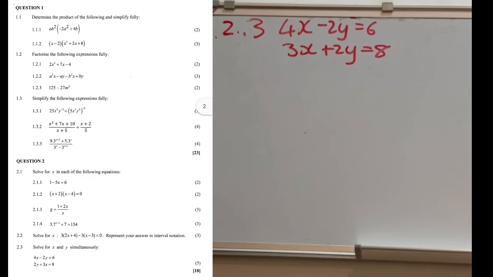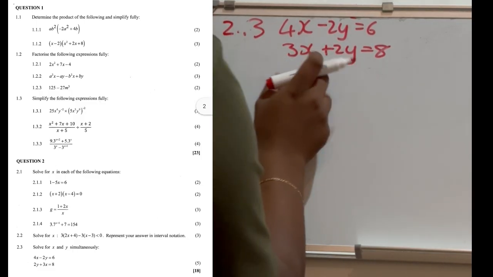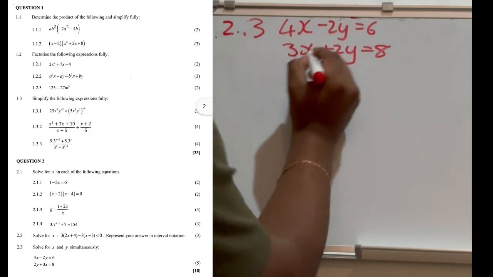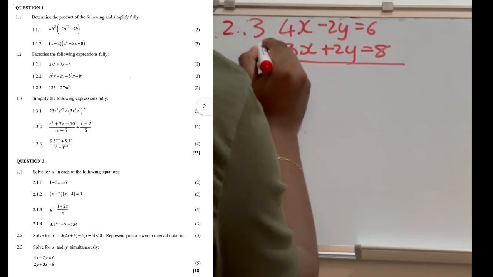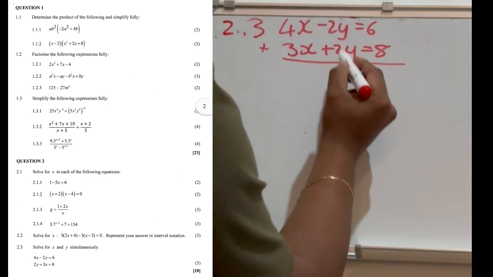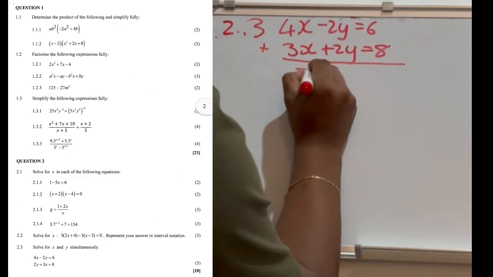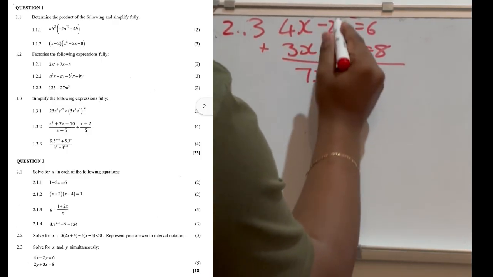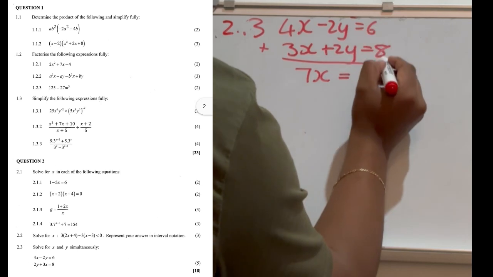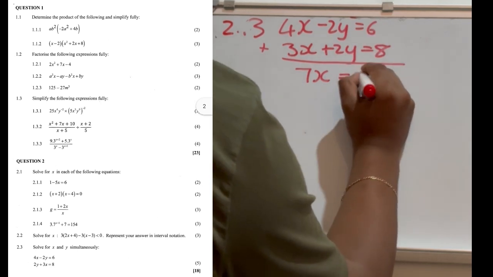Okay? I just flipped the 3x and the 2y over like that, because now you can see if you just add these two with one another, these two can cancel out first of all. So it's going to be 4 plus 3 is 7x. Those two cancel. And then 6 plus 8 is 14.